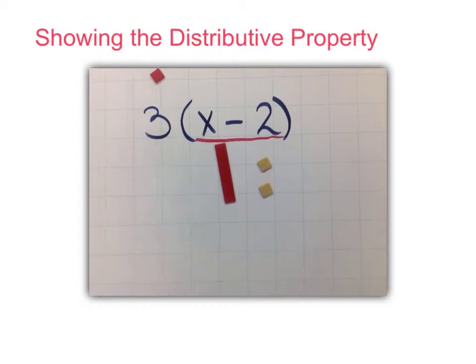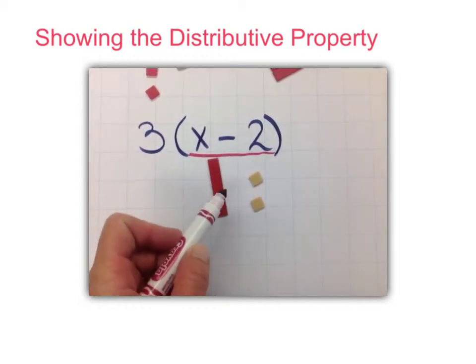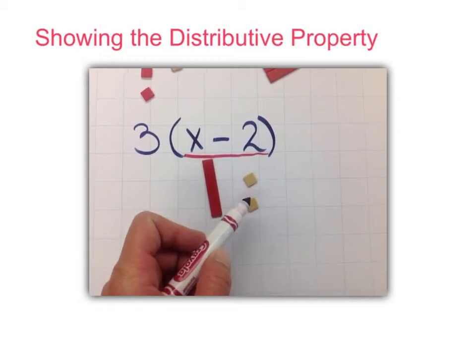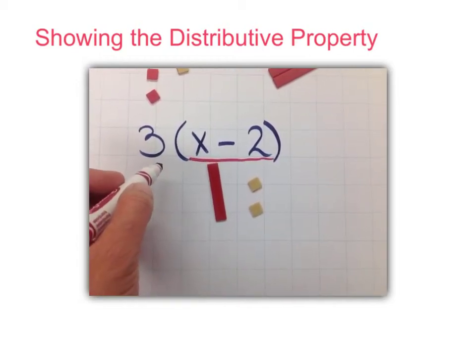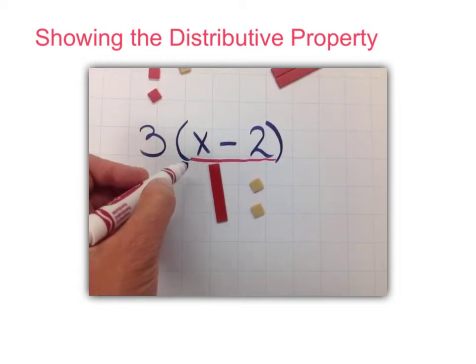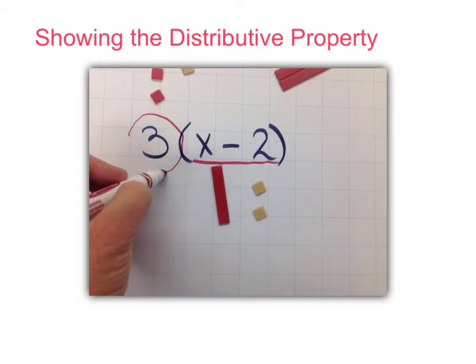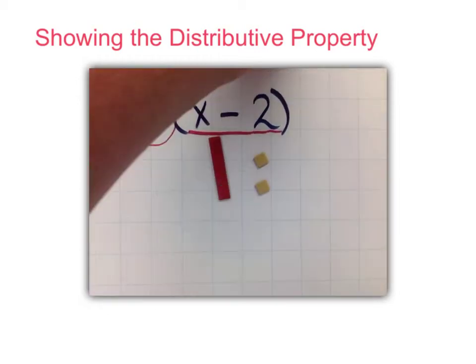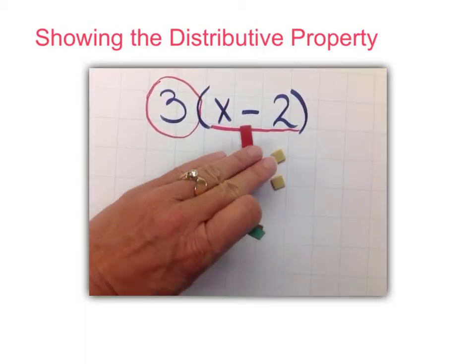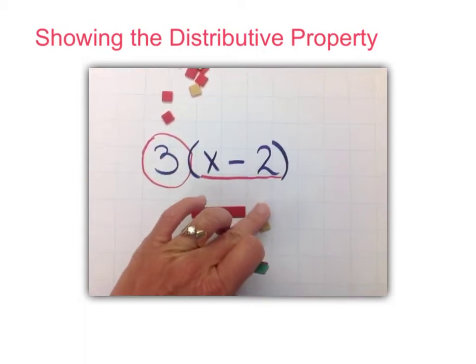Now, let's continue. I have this x minus 2. Here's my x, and here's 2 negatives. But this 3 in front of the parentheses indicates that I have this quantity, or I have this 3 times. So what's that going to look like? Here is x minus 2, 1 time.